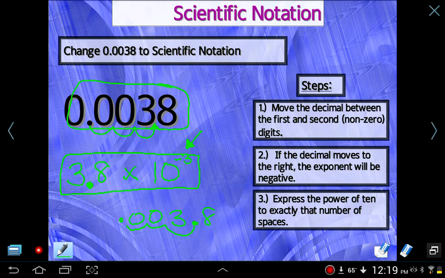And if it's bigger, positive, it's going to be like 4 million or 5,600,000 or something like that, or 56,000. So you're going to have a big number. So there's your answer: 3.8 times 10 to the negative third power.